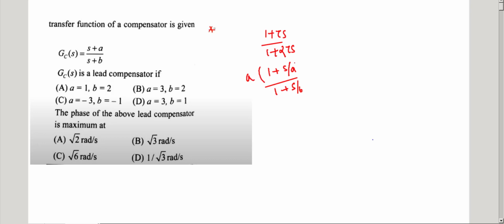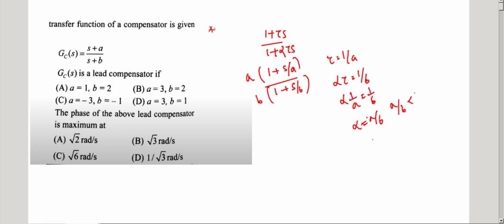You have a in this common and b in this common. Okay, so tau is 1 by a, alpha tau is 1 by b, and alpha into 1 by a equal to 1 by b, alpha equal to a by b. It should be a lead compensator, so a by b less than 1, a less than b. So a is 1, b is 2, it is the correct answer. A greater than 3 is a wrong answer.